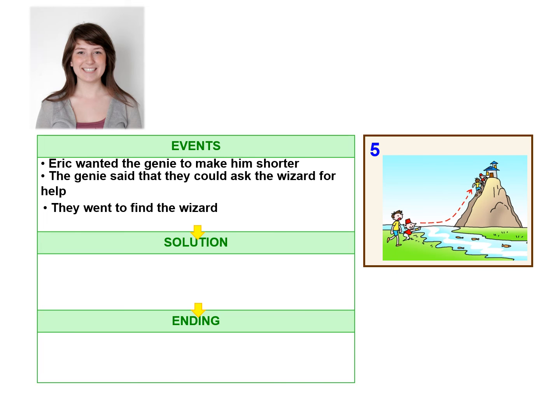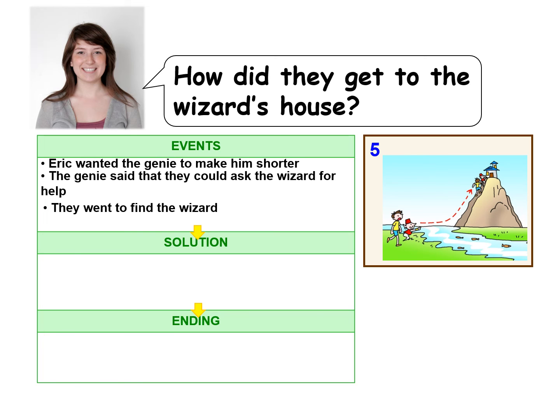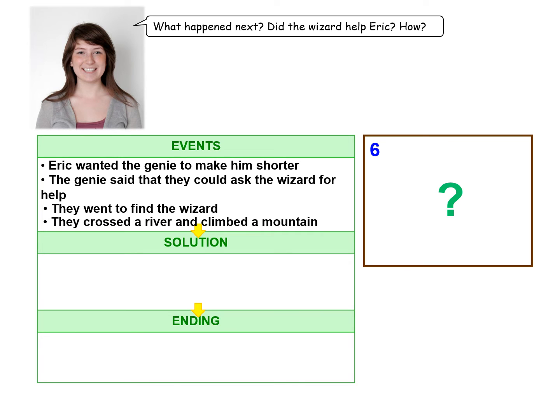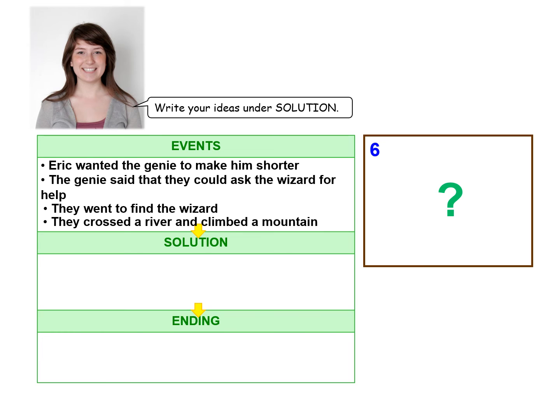They went to find the wizard. How did they get to the wizard's house? They crossed a river and climbed a mountain. What happened next? Did the wizard help Eric? How? Write your ideas under solution.